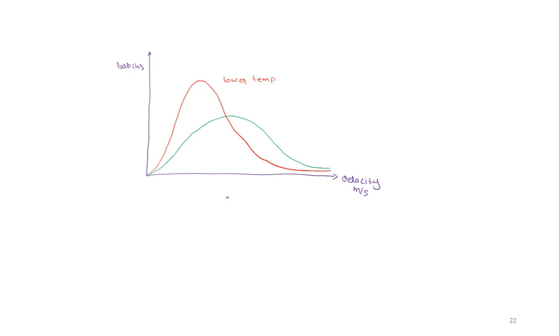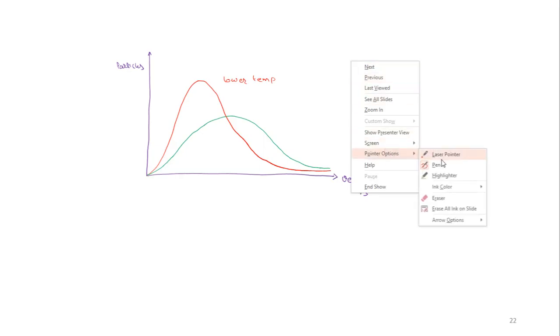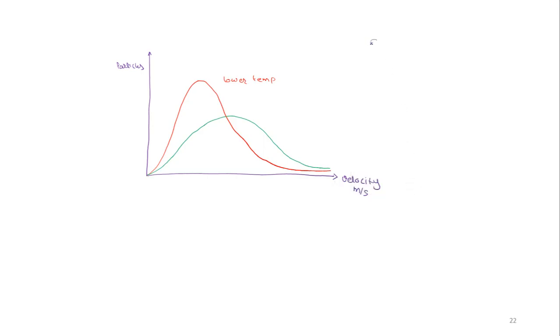For example, let us consider that we have our particle system. This is our protein system where our particles are. If we have the same particle system, the graph of velocities will look like this, the one that I have shown in red color, at the lower temperature, and it will look like this at the higher temperature.